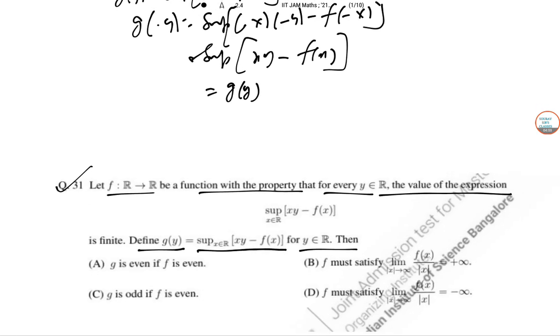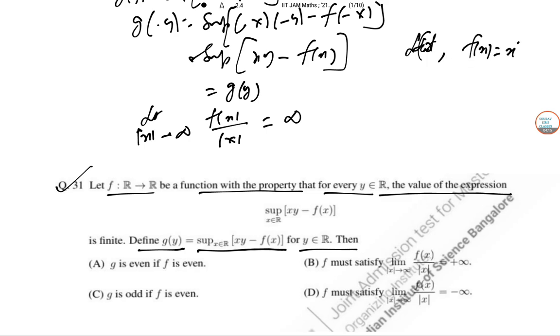Hence now again if we check limit mod x tends to infinity f of x by mod x, that is equal to plus infinity, let fx equal to x square, so g of y equal to supremum of xy minus x square.